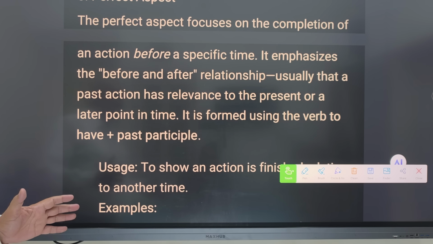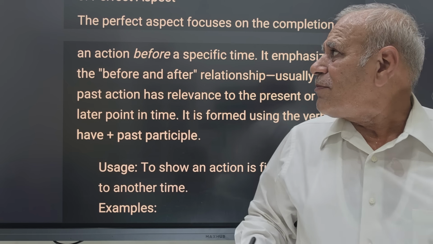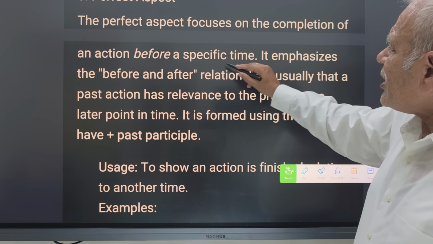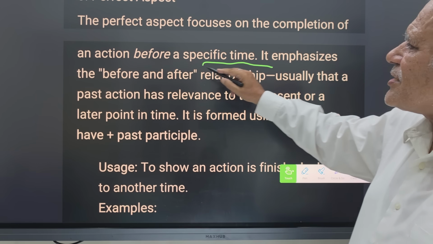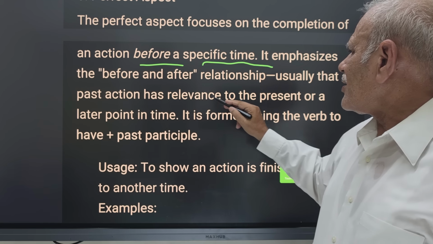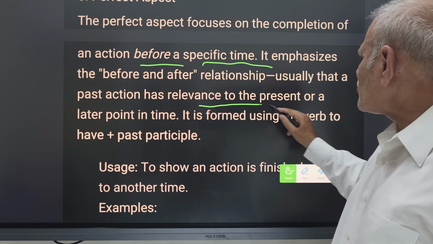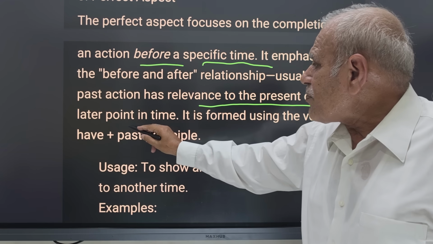This focuses on completion of an action before a specific time. Remember, a specific time is there and the action is completed before that. It emphasizes the before and after relationship. Usually the past action has a relevance to the present or a later point in time.